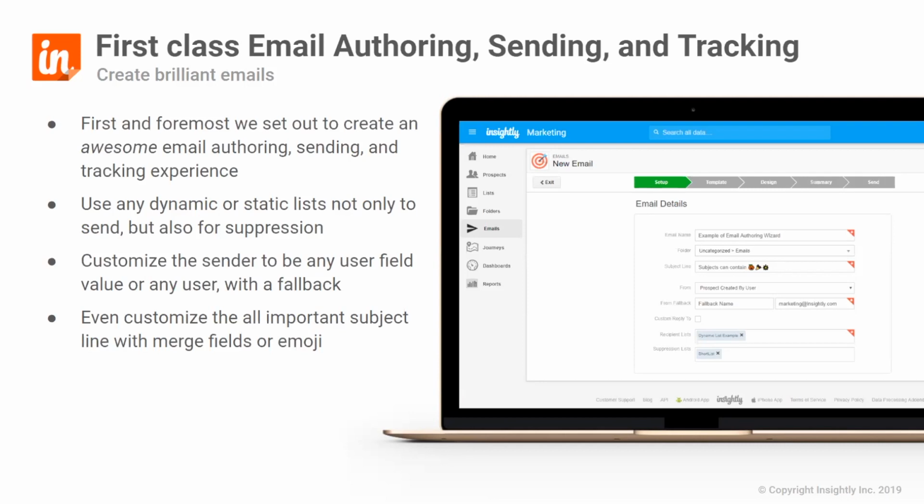We've got a great feature to customize the email sender, and you can make it any of your users or even any field on the record, which is great for having emails come from the business representative associated with each account, or for executing account-based marketing campaigns where you want the sender to be strategic to the account. We even support customizing the subject line with different merge fields or even emojis.